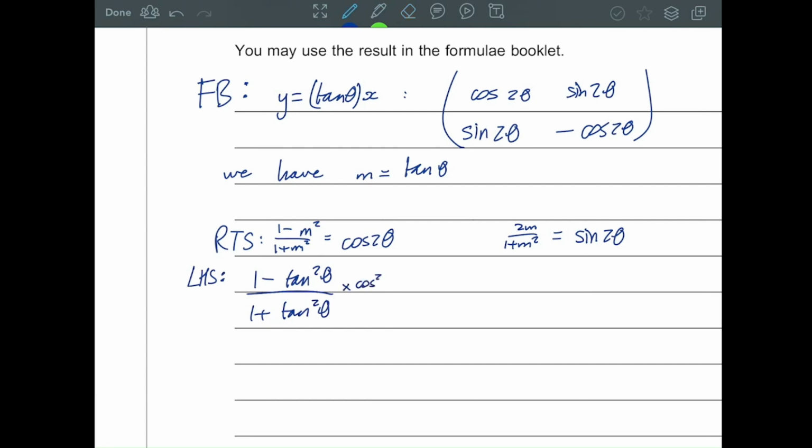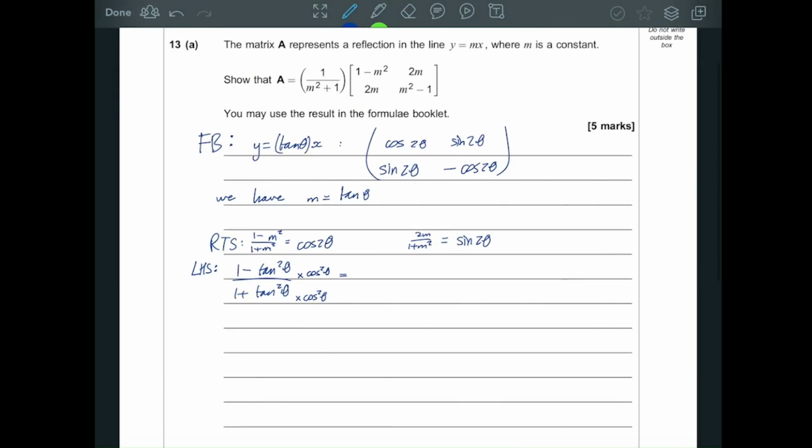So let's multiply the top and the bottom by cos squared. So that's going to turn into cos squared minus sine squared over cos squared plus sine squared. And then we're basically done, because the numerator is by definition cos 2 theta. The denominator is just 1, which is the right-hand side.